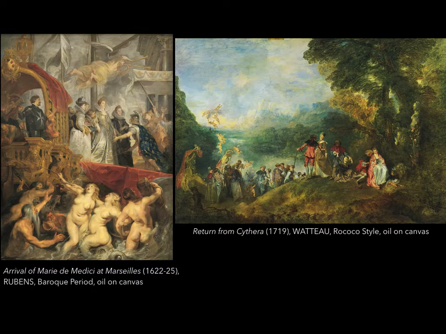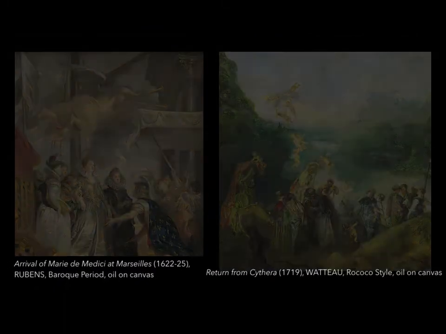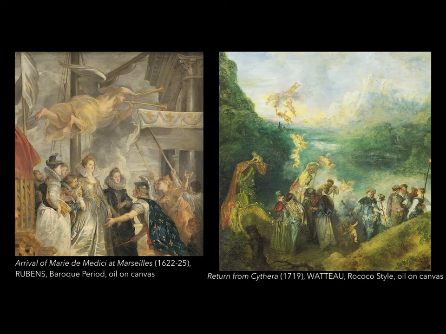But notice how you can see Watteau taking different elements from a work of art like Rubens' Arrival of Marie de Medici at Marseille and pushing them as far as they could go, including these floating, flying tributes that are above the normal day-to-day action of this life, right?